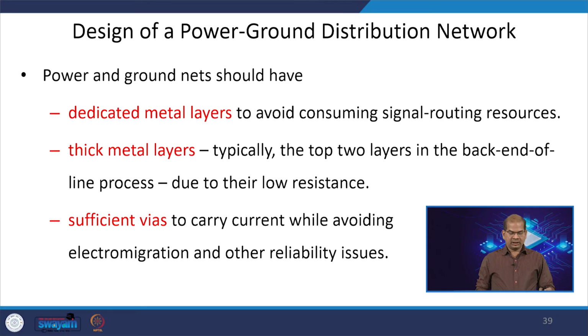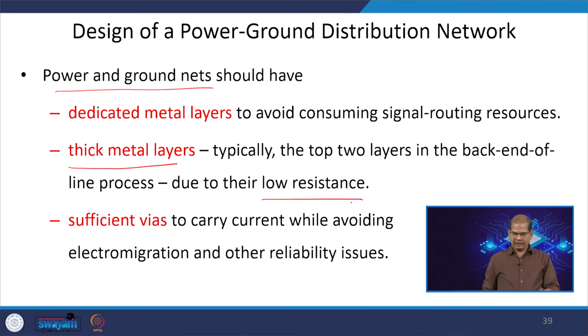The power and ground nets should have the following characteristics. Whenever we are designing our power and ground nets, we should have dedicated metal lines for the power and ground, such that there is no congestion because of the signal routing. And we should use thick metals, because thick metals have low resistance.